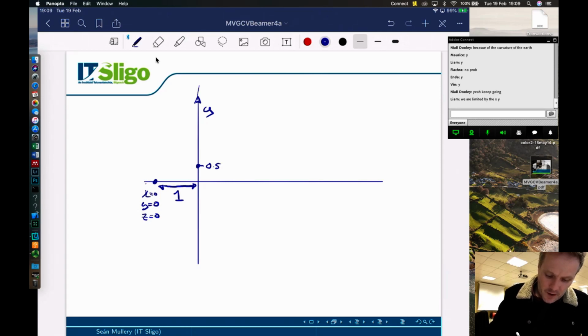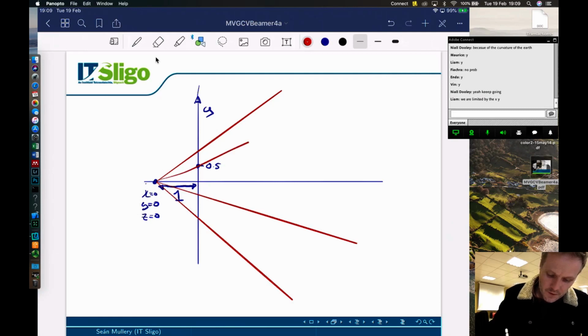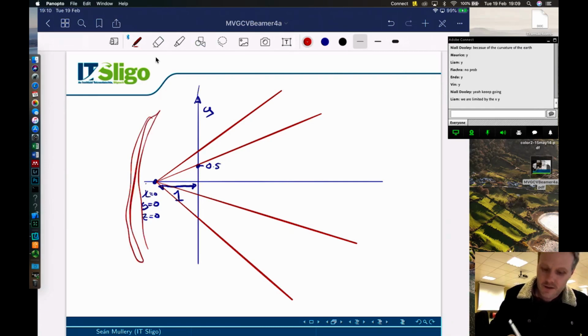Now remember, I can draw straight lines projected out from this. I'll draw these with a different color just so that it's clearer. So I can draw straight lines out in all directions here. But what can't exist is anything out in this direction here. This can't exist. Can things exist here? We'll come back to that in a minute.